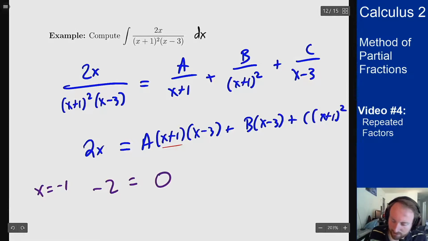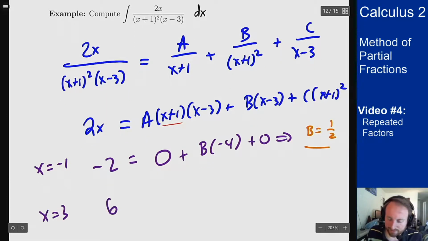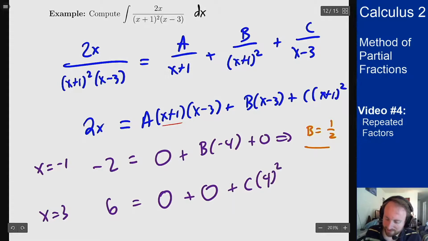On the right, I get 0 plus B times minus 4 plus 0, which tells me that B must be 1/2. I can then plug in 3. On the left side, I get 6. The A term is 0, the B term is 0, and I get C times 4 squared, so that's 16. So C is 6 over 16, or 3/8.